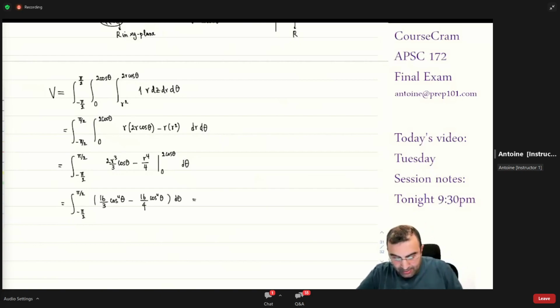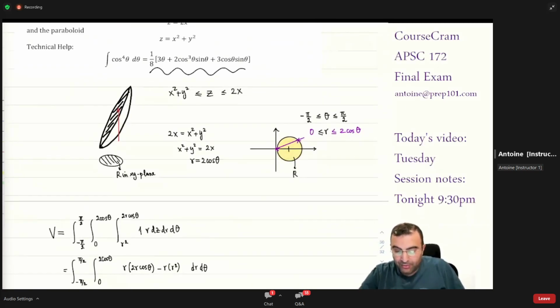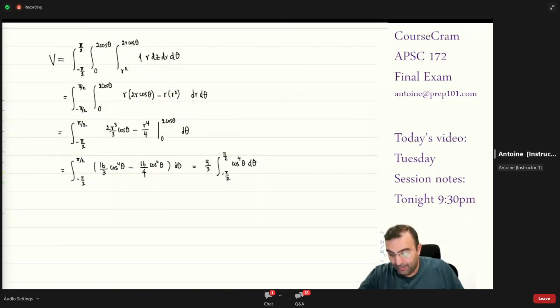So this is 16 over 12, which is 4 over 3, the integral from minus pi over 2 to pi over 2 of cosine to the 4 theta d theta, and they gave us the integral of cosine to the 4. So that's right.